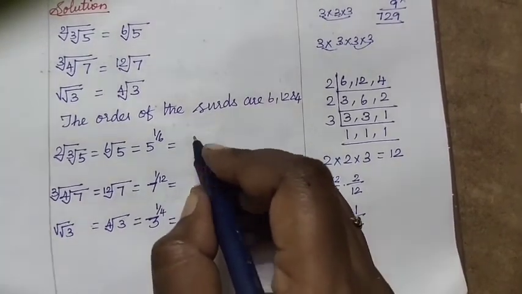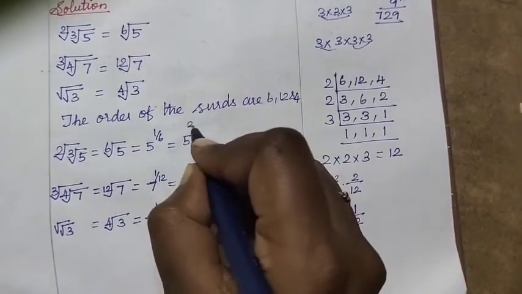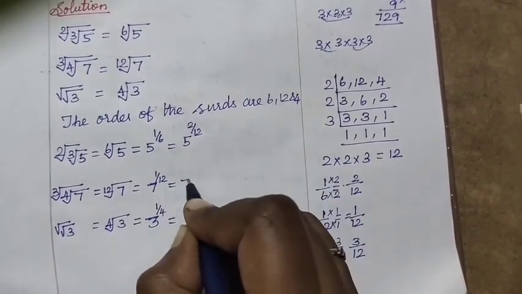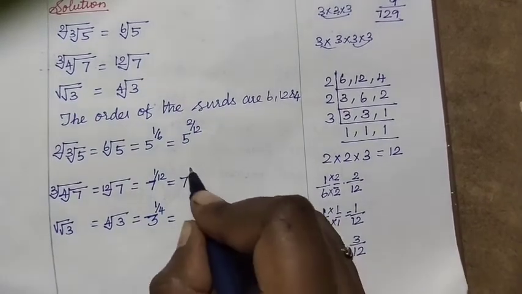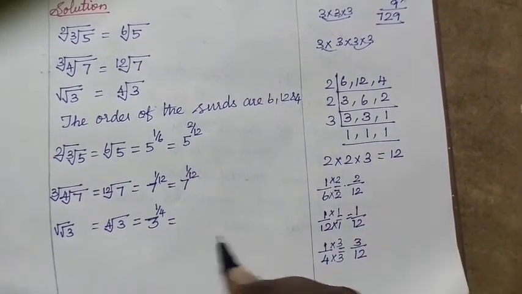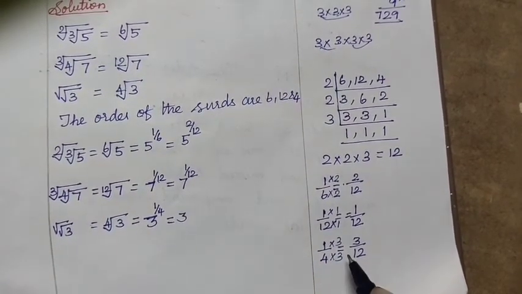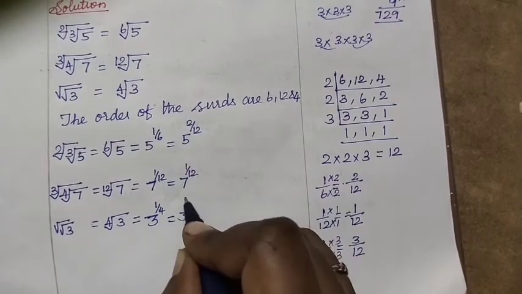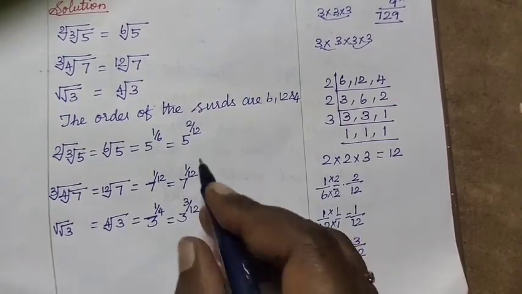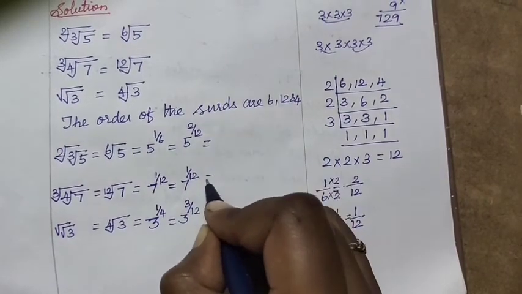So 5 to the power 2 by 12, 7 to the power 1 by 12. There is no change because LCM is also 12. Then 3 to the power 1 by 4, instead of that 3 by 12. Now it becomes the same order of surds.